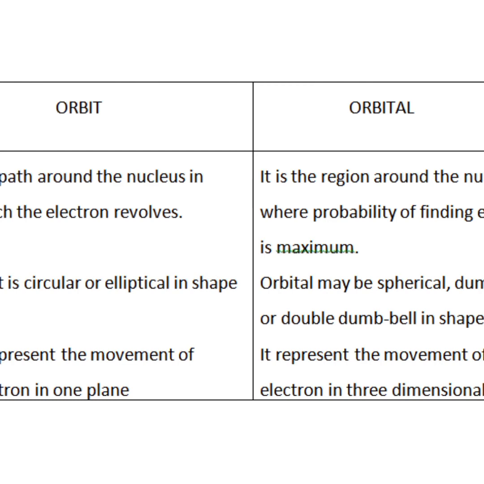And another important question you can expect from this part is: differentiate between orbit and orbital. Orbit means the principal quantum number, that is, it is a path around the nucleus which the electron revolves. It is the path of the electrons where it revolves.